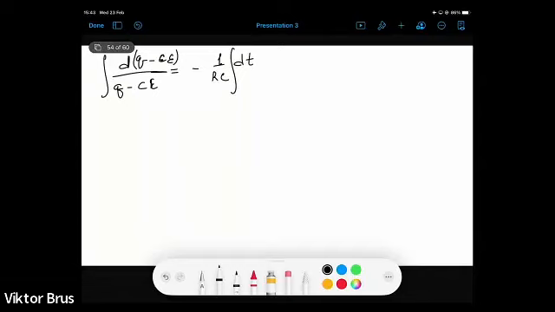So it will be natural logarithm of q minus c times epsilon. And that is equal to minus t divided by r times c plus some constant.